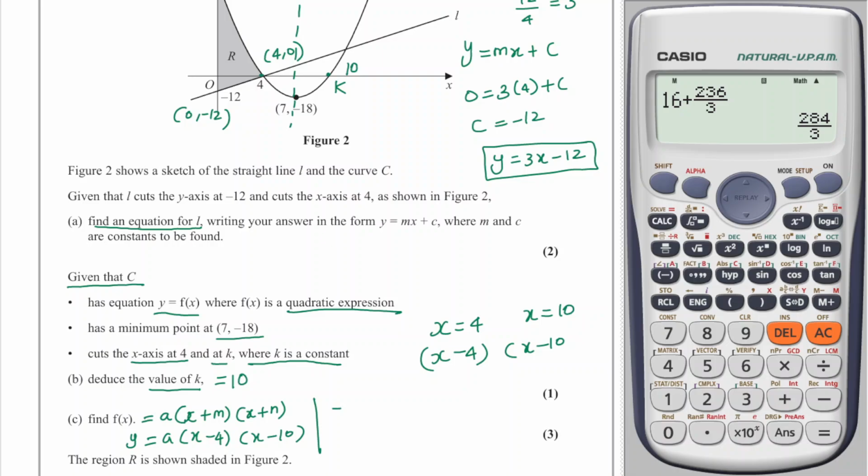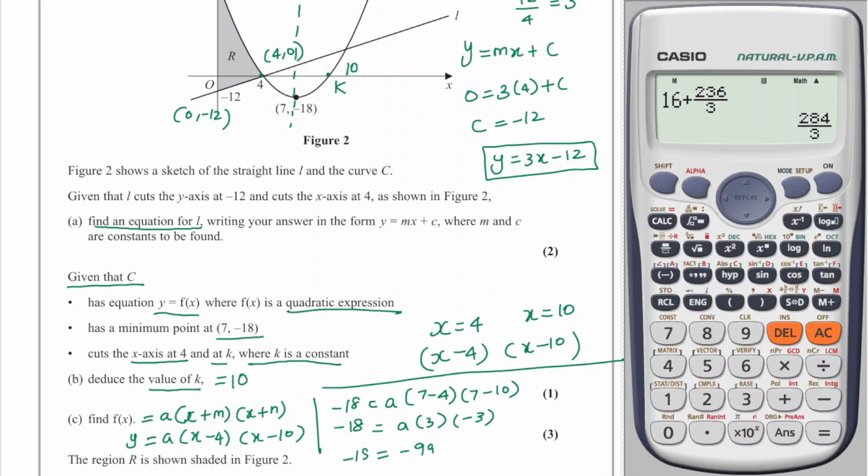The y value is minus 18 is equal to a times, with x value 7, (7 minus 4) times (7 minus 10). So minus 18 is equal to a times 3 times minus 3, which gives minus 9a.